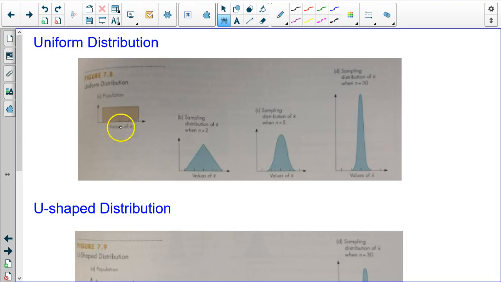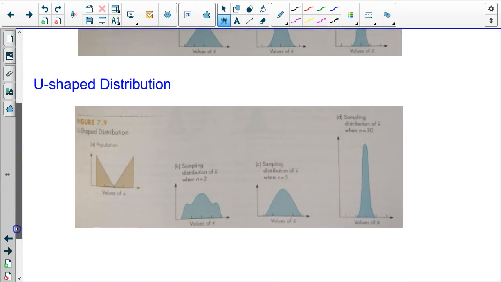Okay, last thing, just to show you, if the parent distribution is uniform, if you take samples of size 2, do you see that doesn't look very normal, does it? But then if you take samples of size 5, it's starting to look pretty normal. And then if you take samples of size 30, it looks pretty normal, doesn't it? Okay.